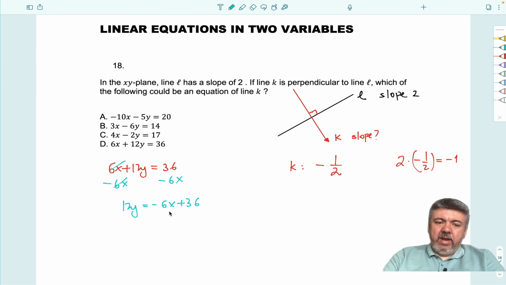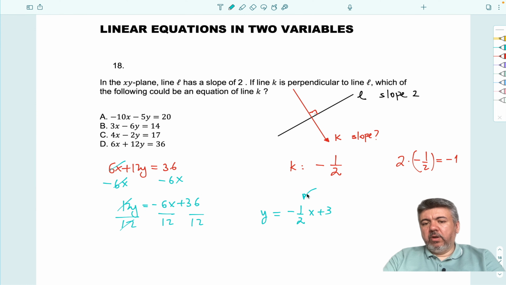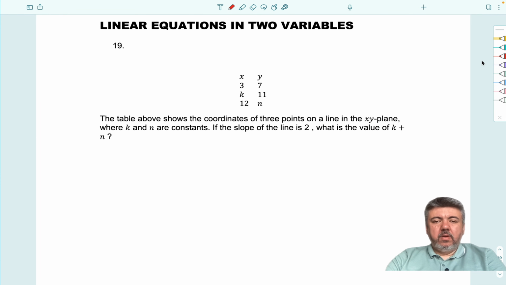And divide everything by 12. So it's y equals negative 1/2 x plus 3. So that's the line we're looking for with a slope of negative 1/2, my friends.